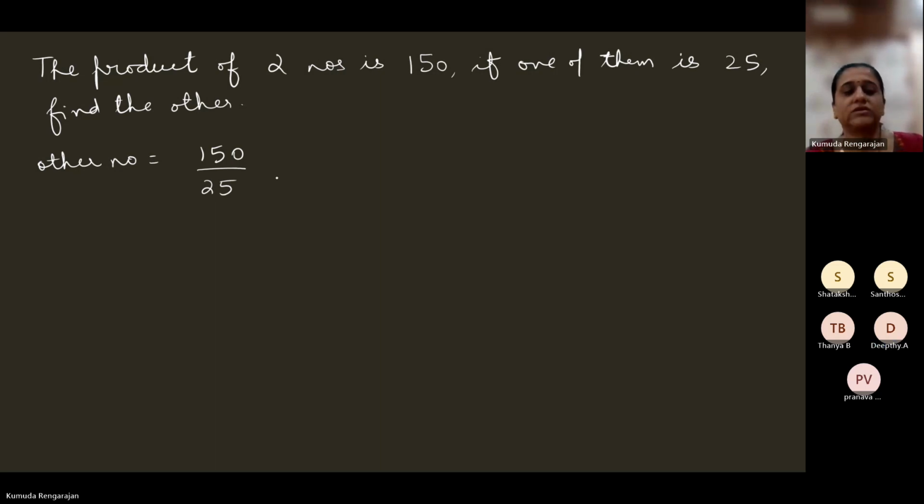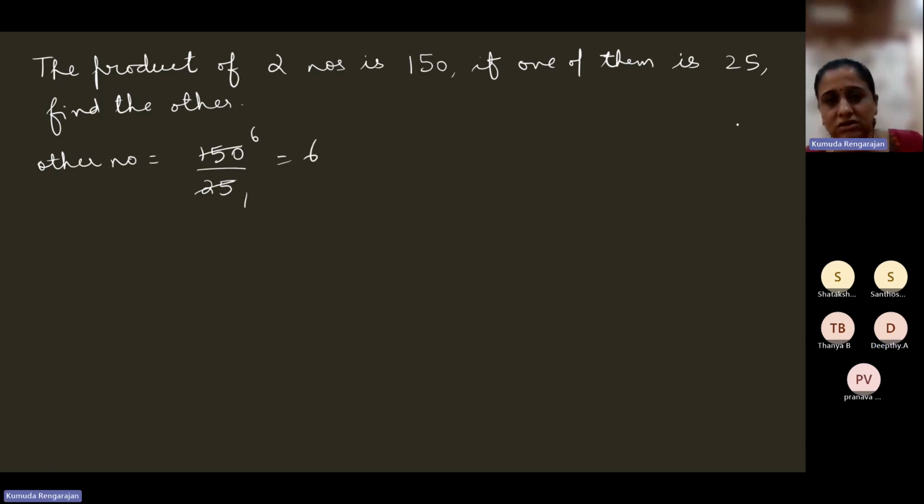Yes, ma'am. The product of two numbers is given to us, and one of them is 25. We'll have to find the other. So the other number will be the product 150 divided by one of the numbers. So 6 is the other number.